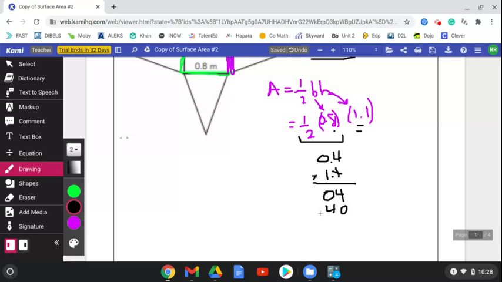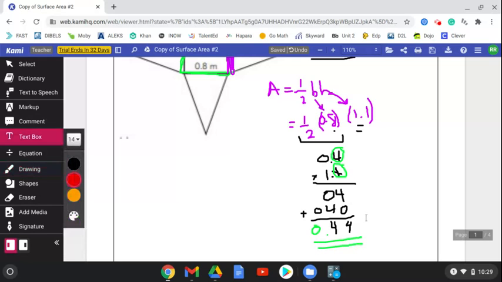And 1 times 0 is 0. So when you add, you get 4.4, right? Because you have 2 digits after the decimal. So there should be 2 digits after the decimal. So not 4.4, but 0.44. And so this is the area of one triangle.